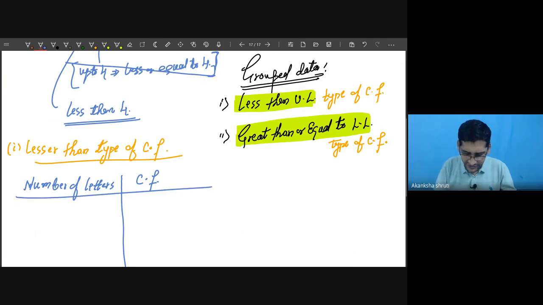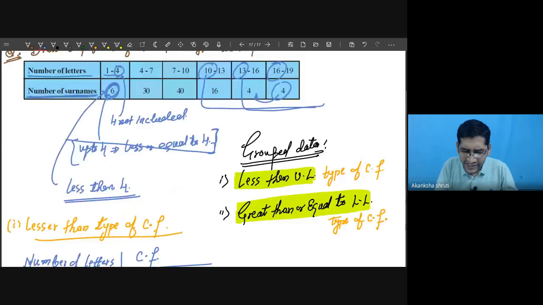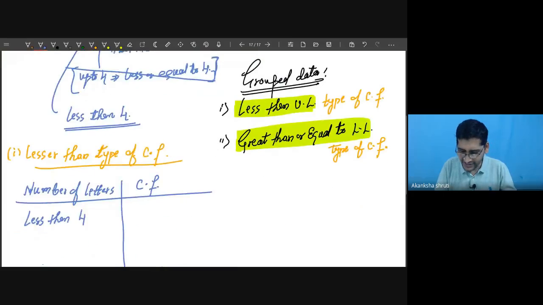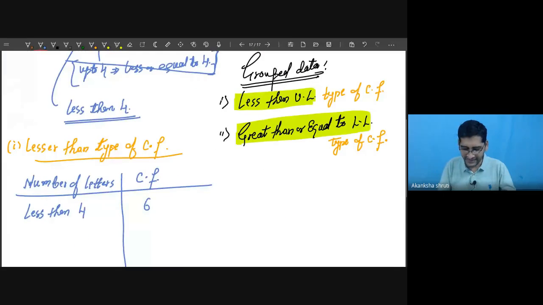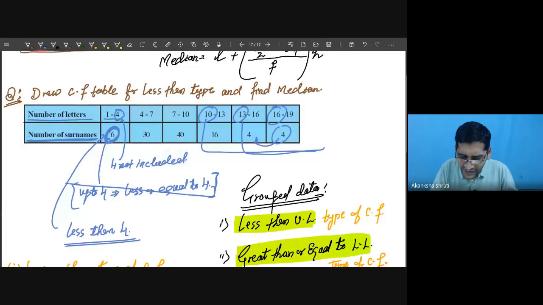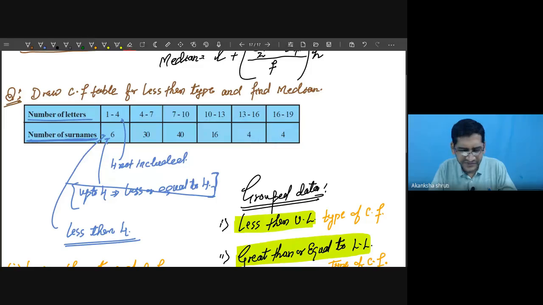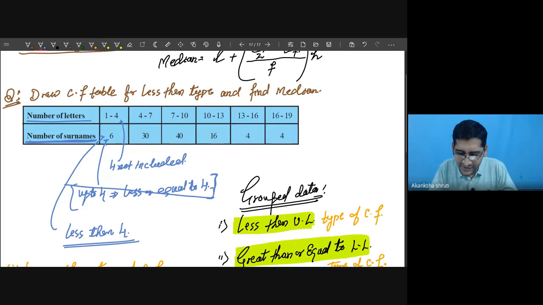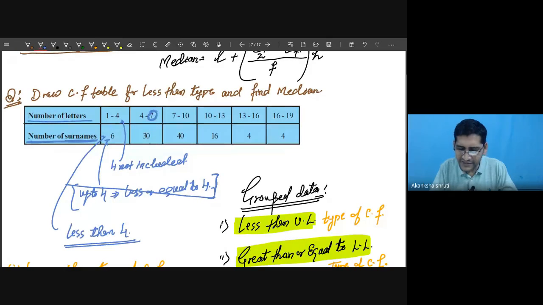So for this we will write, very first, less than 4. How many data are there? The 6 data are there. You have to copy the first as it is. For the next one, you have to go for the next upper limit for the next class. What is the next class? The next class is 4 to 7. The upper limit is 7.